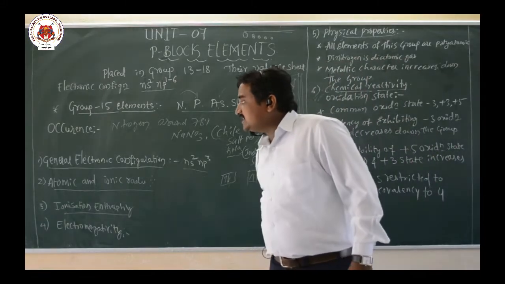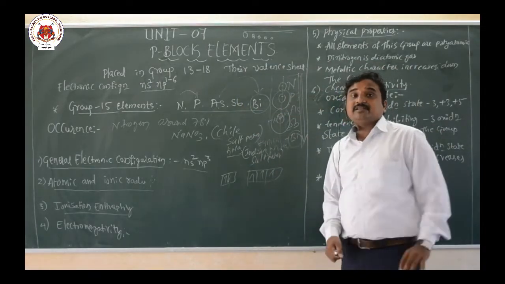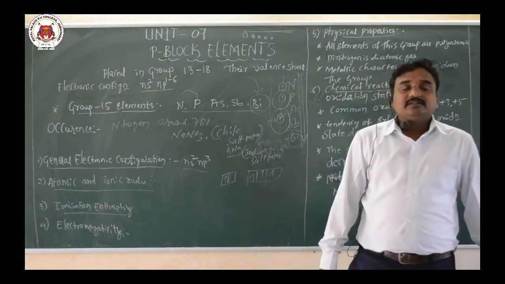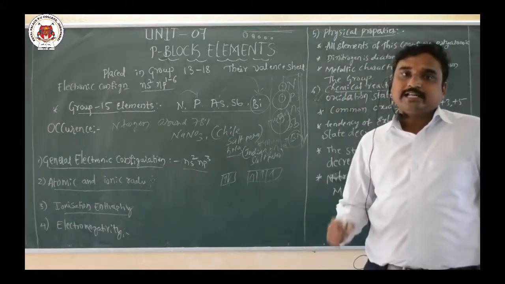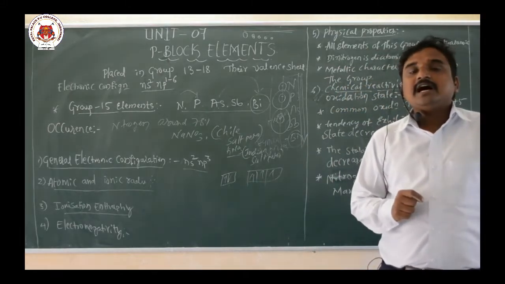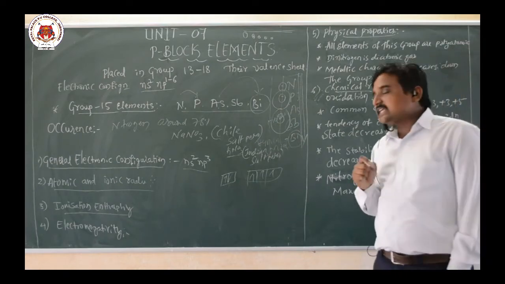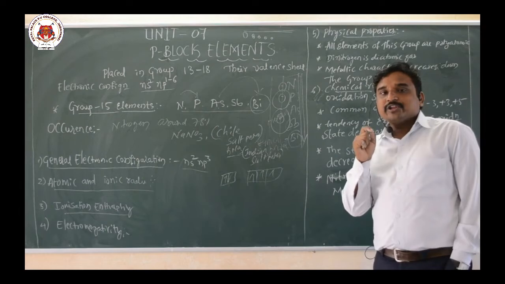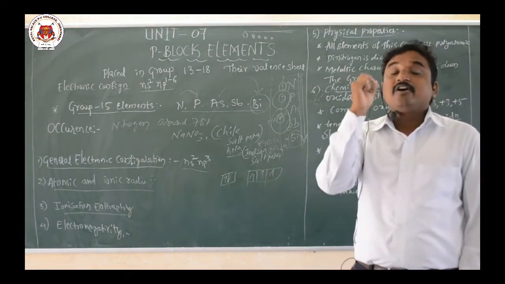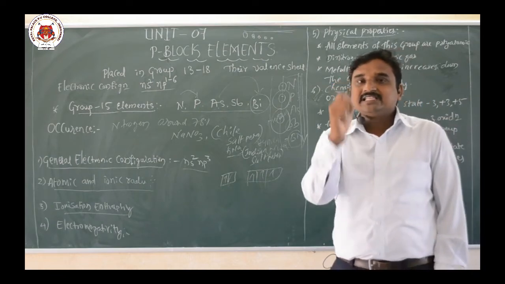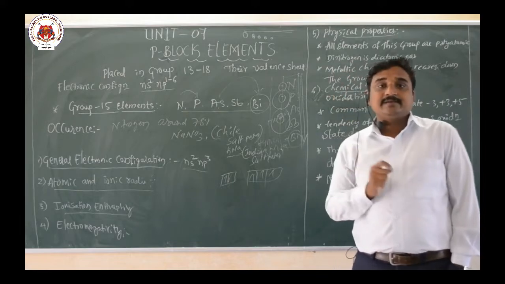Now the next concept is ionization enthalpy. Ionization enthalpy means ionization energy. It is the amount of energy required to remove the outermost electron from an isolated gaseous atom.